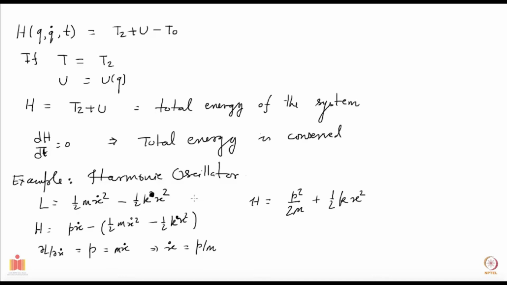So the partial derivative of H with respect to t is vanishing, which implies that the total derivative will also vanish with time, which is just that the total energy is conserved, which you already know for a harmonic oscillator, which means that your H will be a constant.